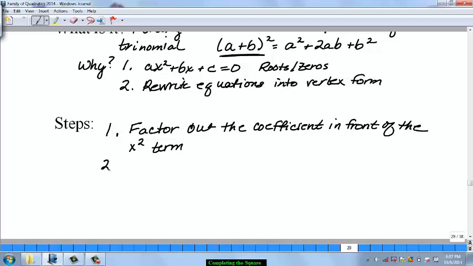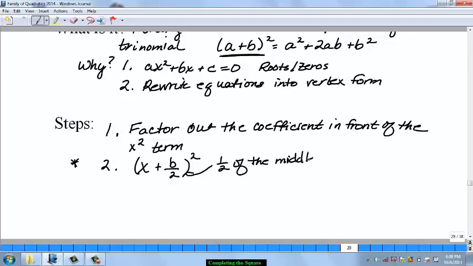Okay? The second step we're going to do, this is where we're actually forcing it. So this is the step where we're forcing it. You're going to make the parentheses with a little squared, and you're going to put an x here, or whatever the variable is, plus half of the middle term. So that's what that means, half of the middle term. Now, when you force it into this form, you've actually added a value there that, even though you can't see it, if you multiplied it out, you would see the value.